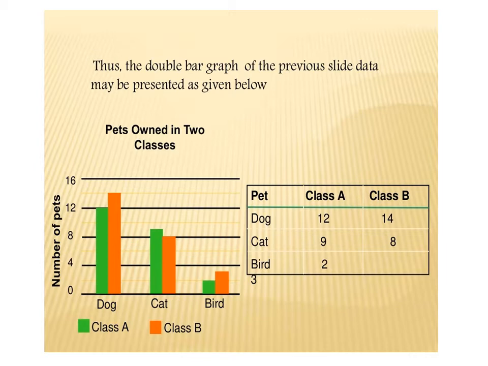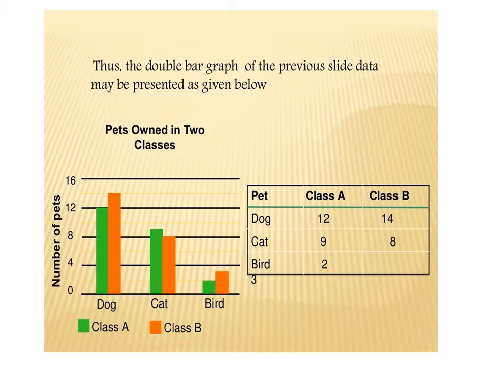Now for cat of class A, there are 9 students. In the cat column, we show the green color going up to 9. And in class B, it is 8. So in the column of cat, the orange color, which represents class B, goes up to the point 8.